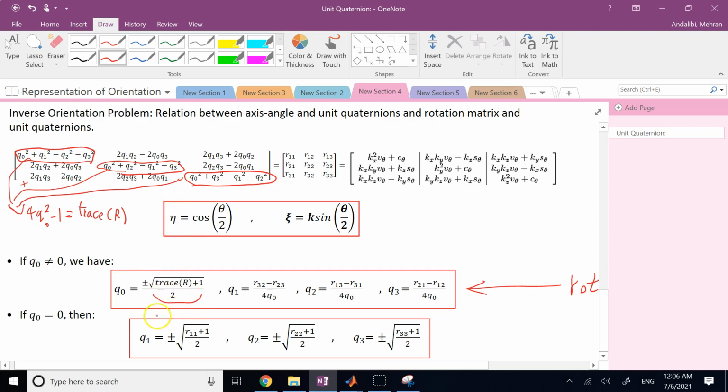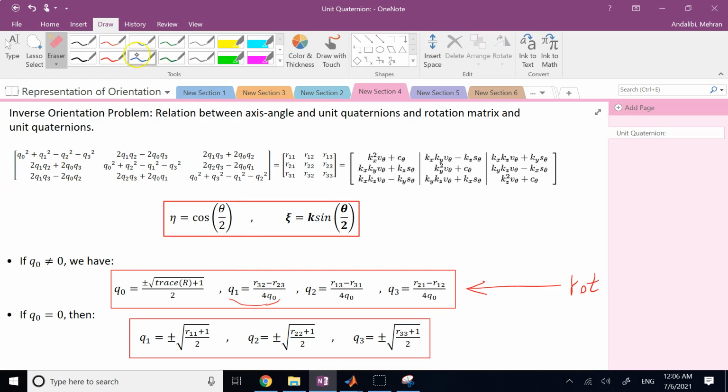And again, the rest of the formulas are also very simple. Let me show you this one. So it says if you subtract element 3, 2, minus 2, 3, divide by 4Q0, that's what you should get for Q1. And again, that's extremely easy to show. All you need is to subtract element 3, 2, which is this one, minus element 2, 3, which is this one. If you subtract them, clearly the similar terms go away.